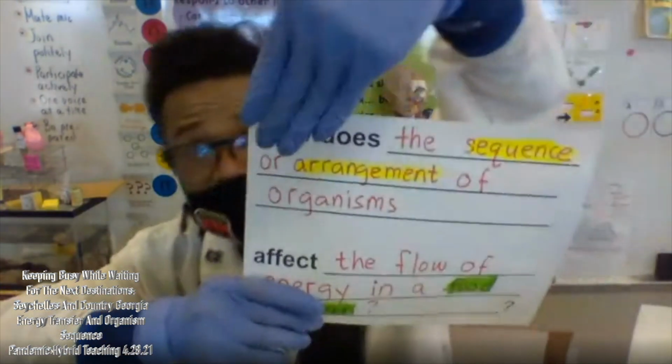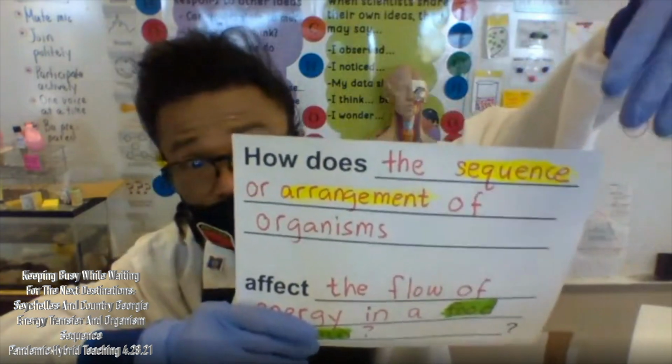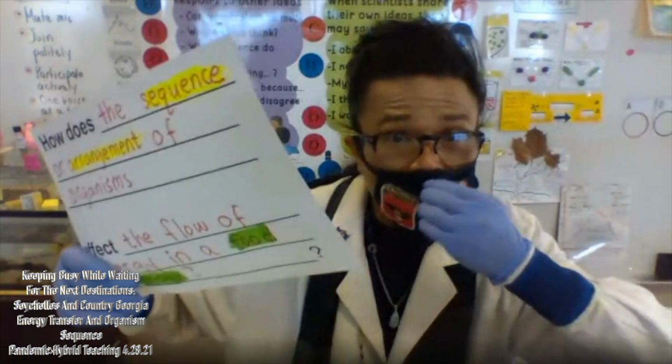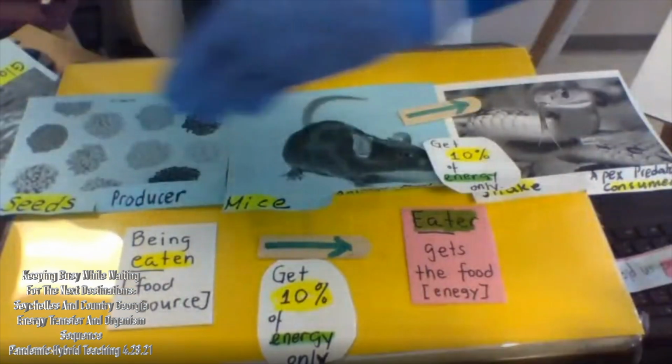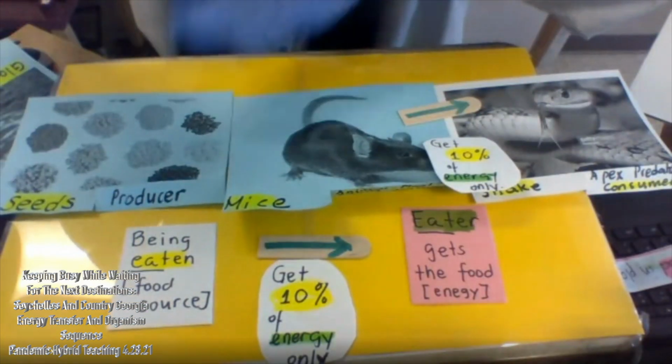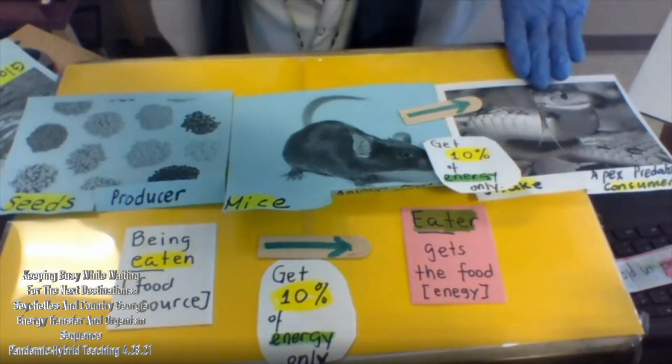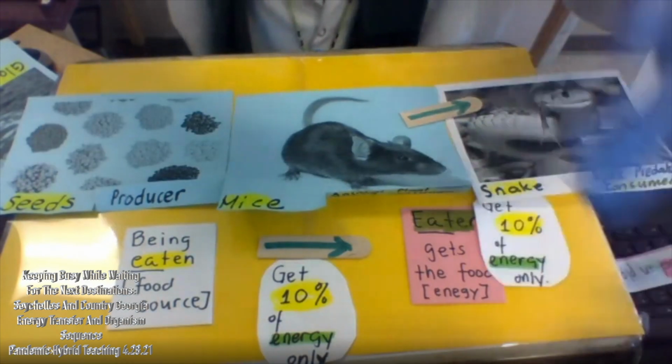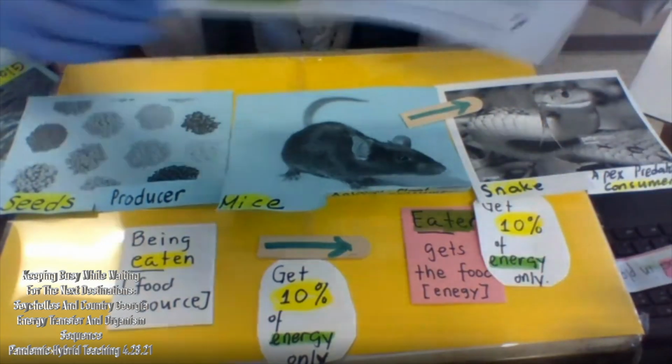We have a sequence or arrangement of organisms that shows the flow of energy. In other words, who is being eaten and who is eating what. In this case, we have this arrangement from seed to mice to the top of the food chain, which is a snake.